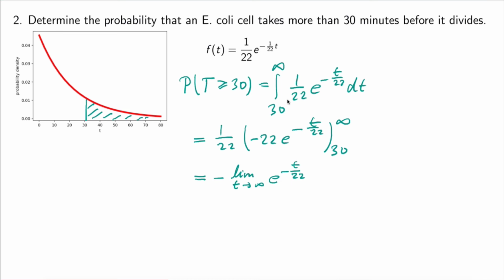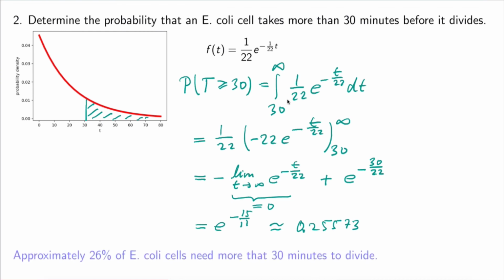But then subbing in the 30 is no problem at all, so then we get plus e to the minus 30 over 22. Now what's the limit? Well, it's the exponential function with a negative exponent, so this goes to 0. And our result is then simply e to the minus 15 over 11, which, if you calculate it out, is something like 0.25573. We can say approximately 26% of E. coli cells need more than 30 minutes to divide.